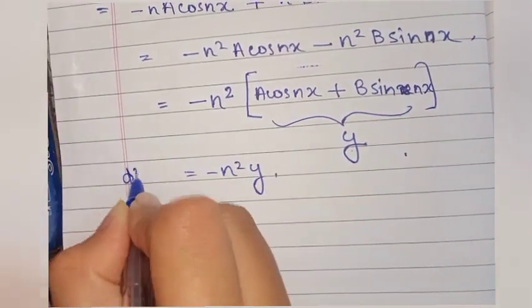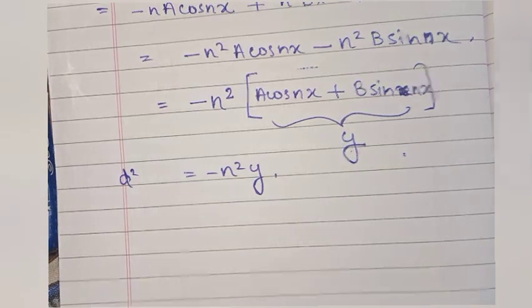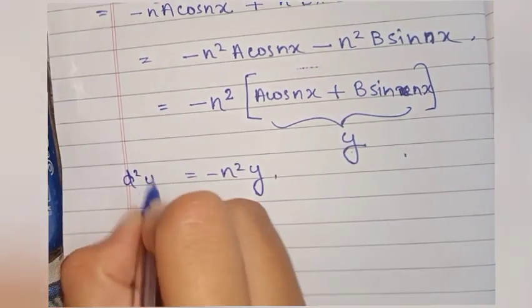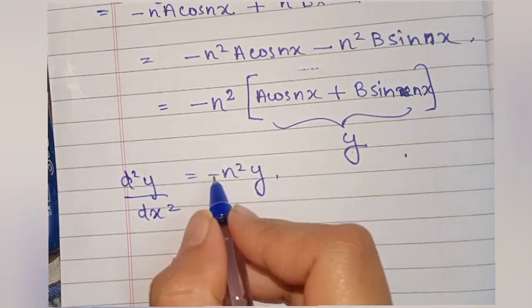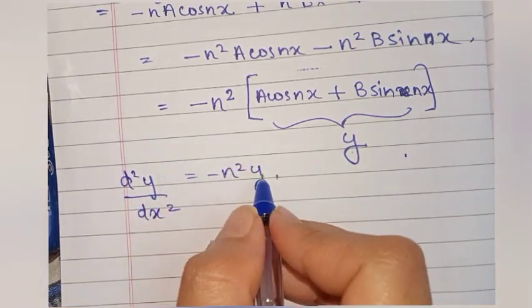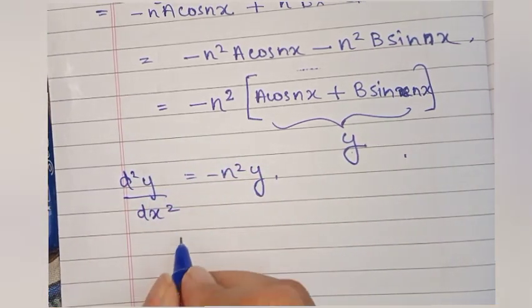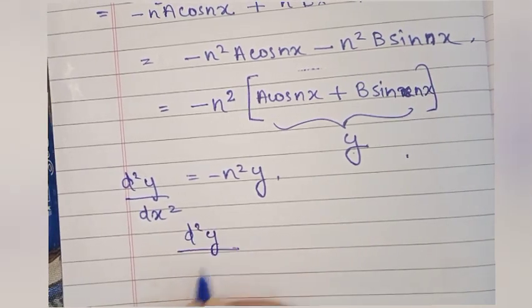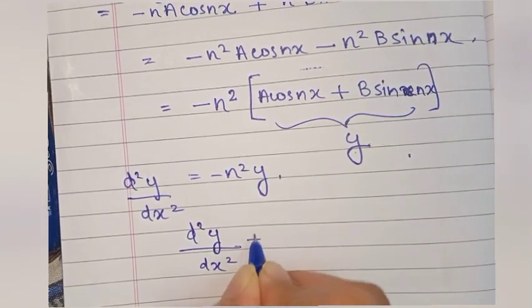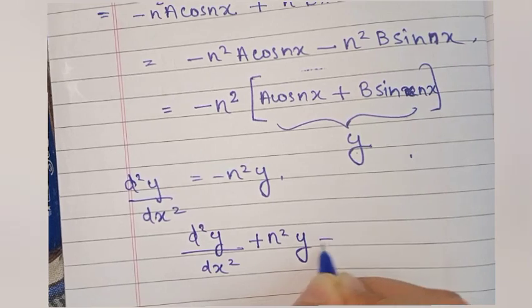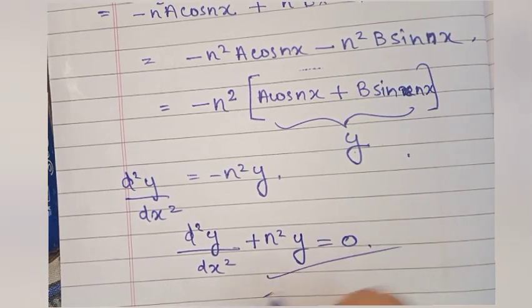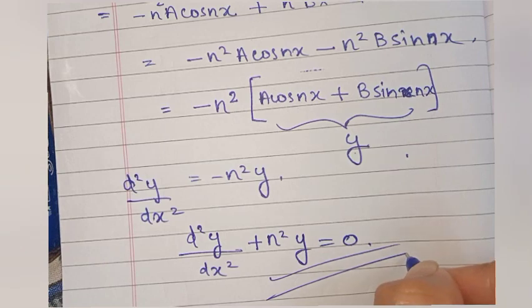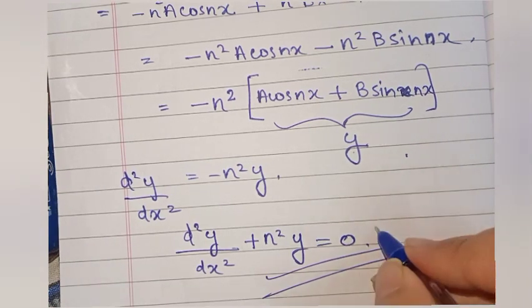So we get d square y by dx square is equal to minus n square y, and we transpose this minus n square y to the left hand side, so we will get d square y by dx square plus n square y is equal to 0. Okay, so this is the thing we were asked to prove. So we have got the answer.